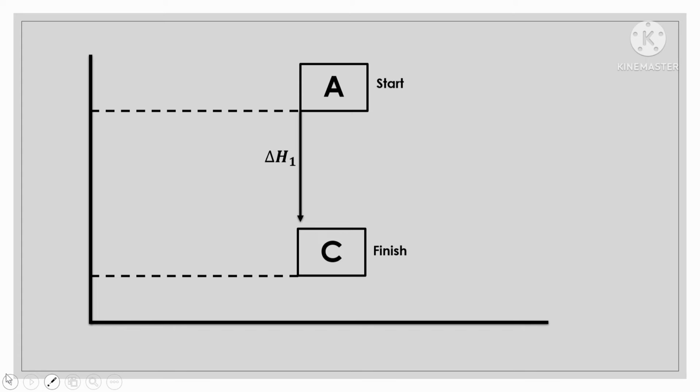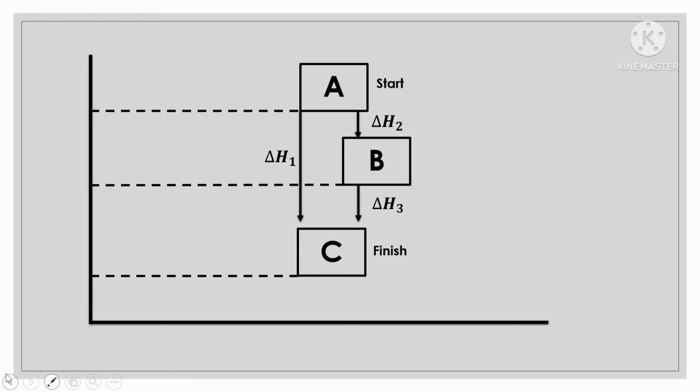However, it is possible that two reactions can occur, where substance A reacts to produce substance B and substance B reacts to produce substance C. So we have a formula like this, which is the same as the previous: delta H1 equals delta H2 plus delta H3.